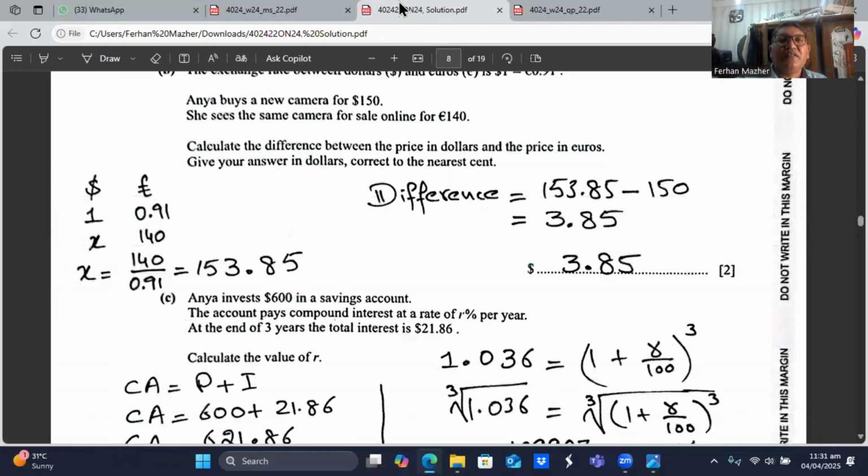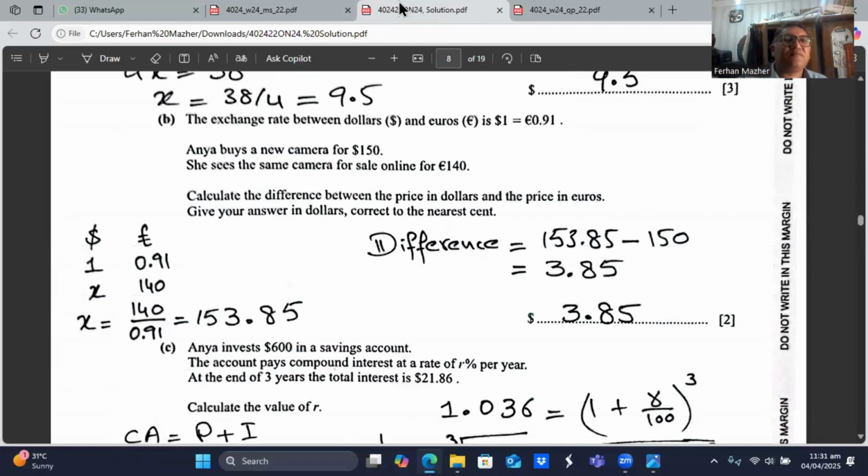So very simple. You see, they have given us the exchange rate. So we will use the method of proportionality, dollars to euros. $1 means 0.91 euros. So if you have 140 euros, how many dollars? So x will be equal to 140 divided by 0.91, and that will be equal to $153.85. So in one place the camera was $150, and the price in dollars in the online store is 153.85.